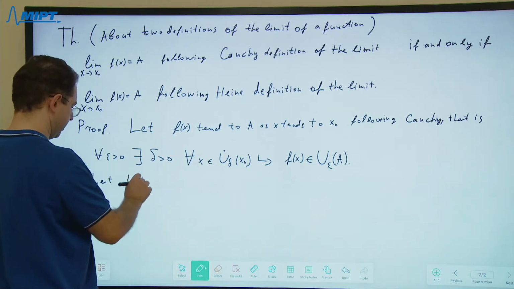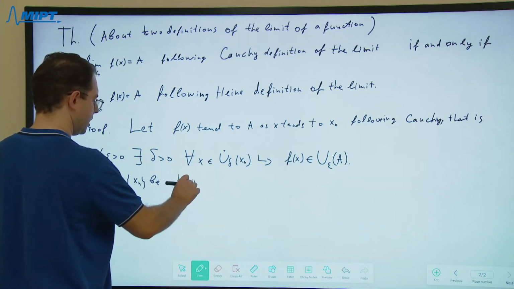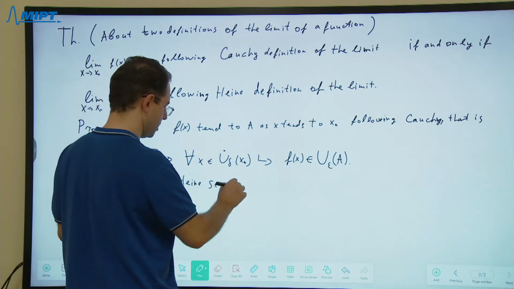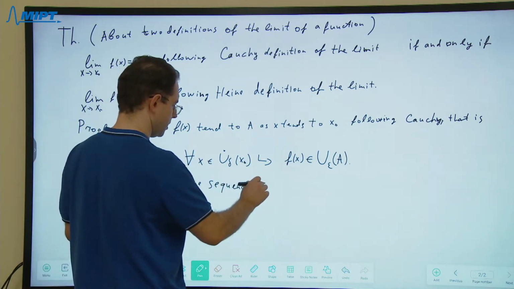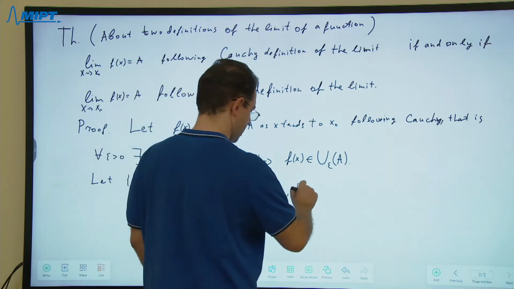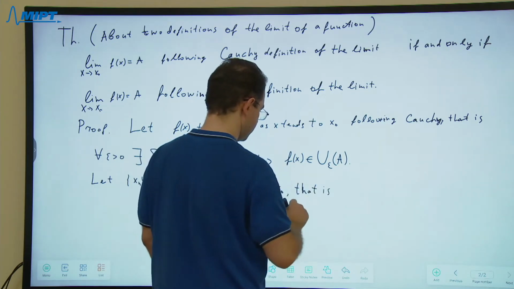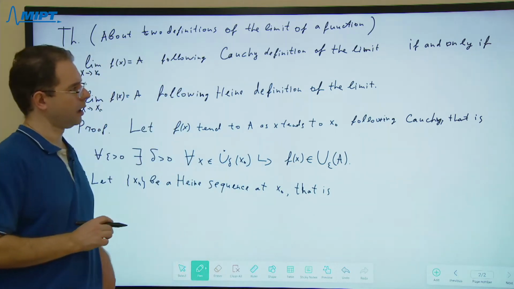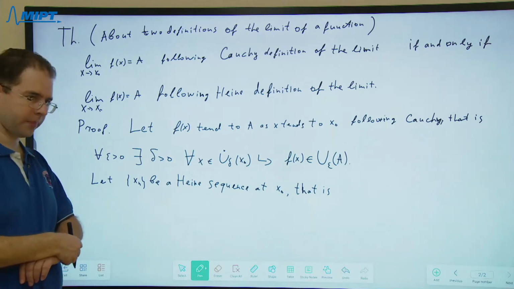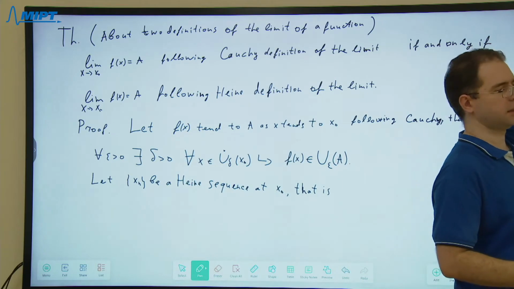Let xn be a Heine sequence at x0. That is, now I'm going to write down this definition.